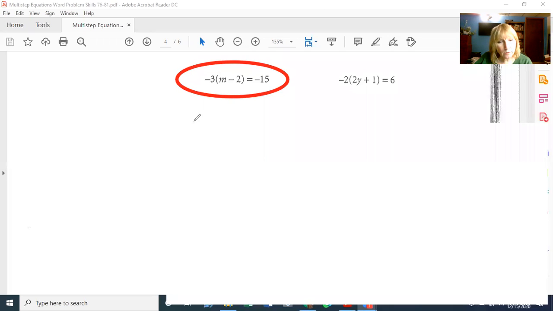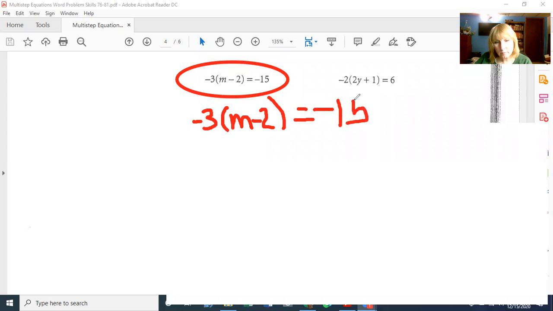So we have -3 times the quantity m minus 2 equals -15. So we distribute. So we take -3 times m.